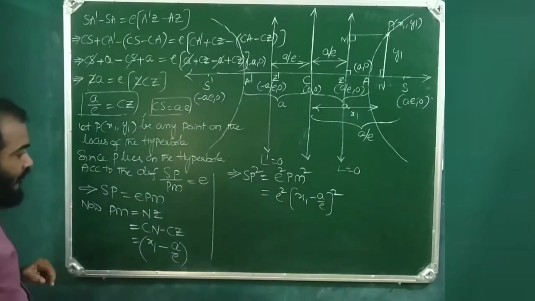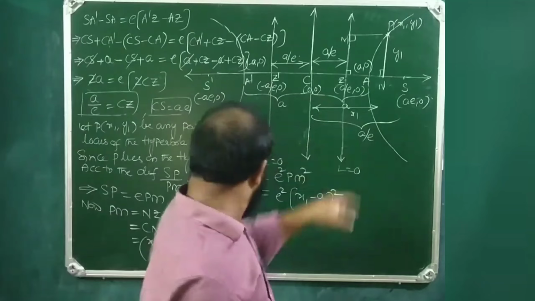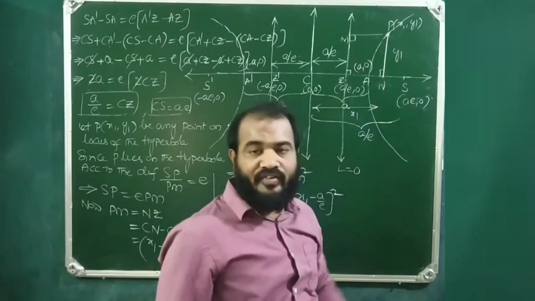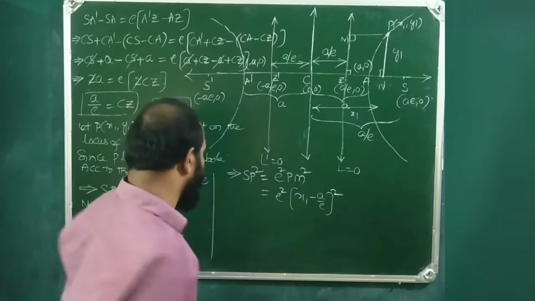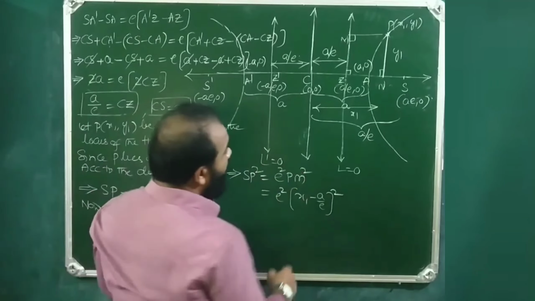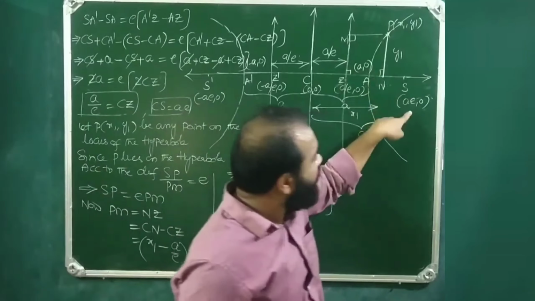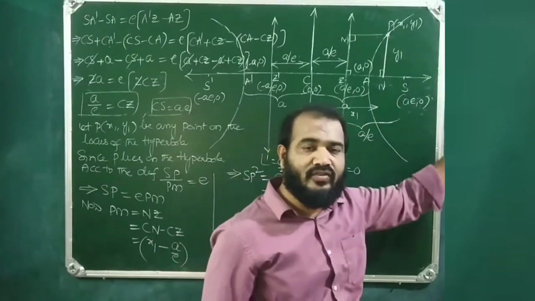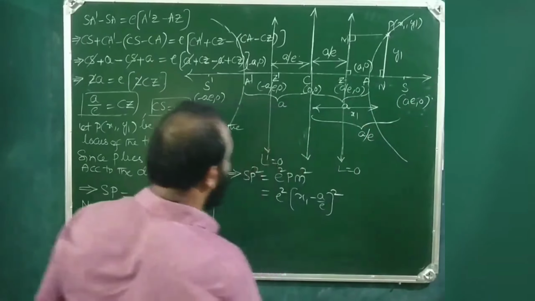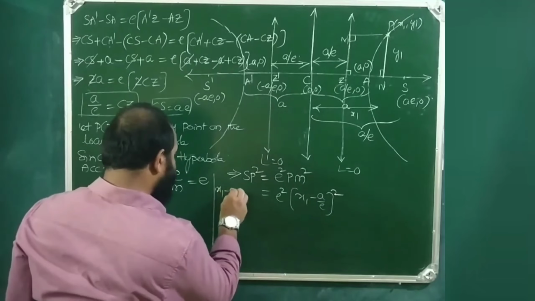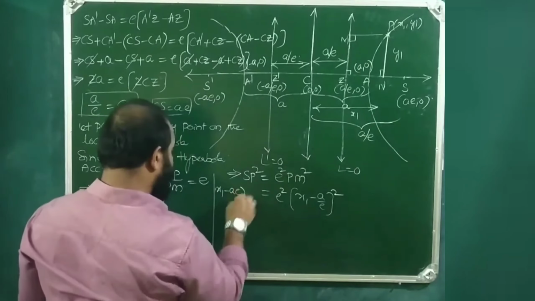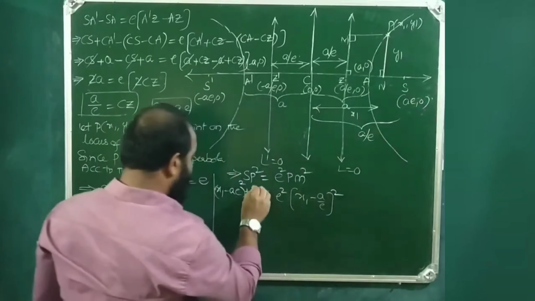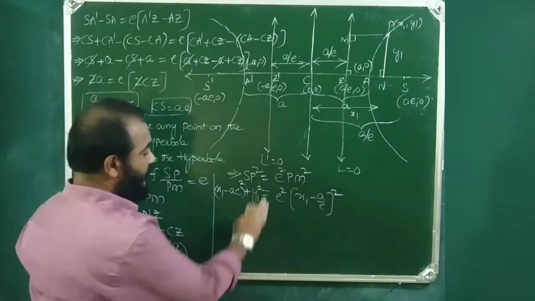Okay. So what is SP? S is AE comma 0. P is x1, y1. Distance formula. Distance between the 2 points. So SP is x1 minus AE whole square plus y1 minus 0 whole square under root. SP square, the square root gets cancelled. So x1 minus AE whole square plus y1 minus 0 whole square is y1 square.